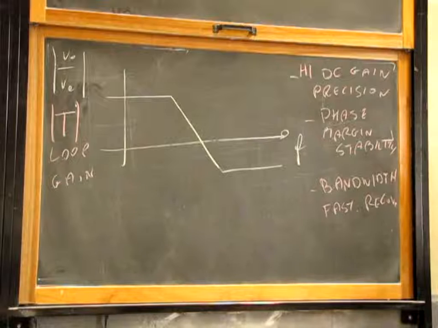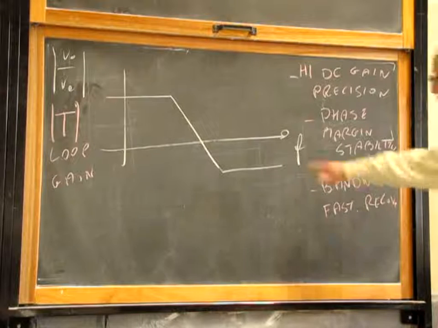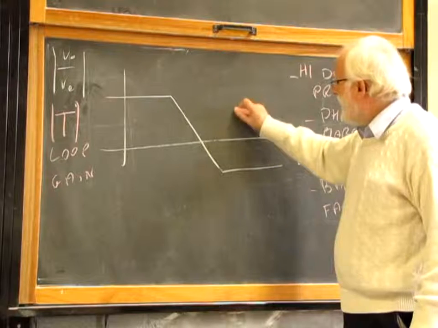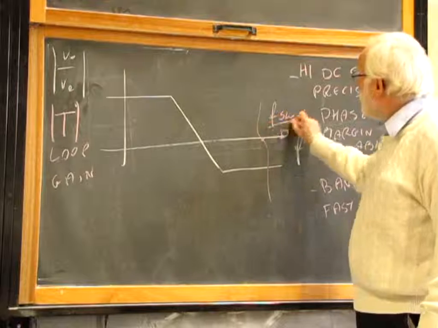Fast recovery from input voltage changes, from output voltage changes. What are my limitations? Well, I have two kinds of limitations. First, on the frequency axis, there is a point over here that is at switching frequency over 2.